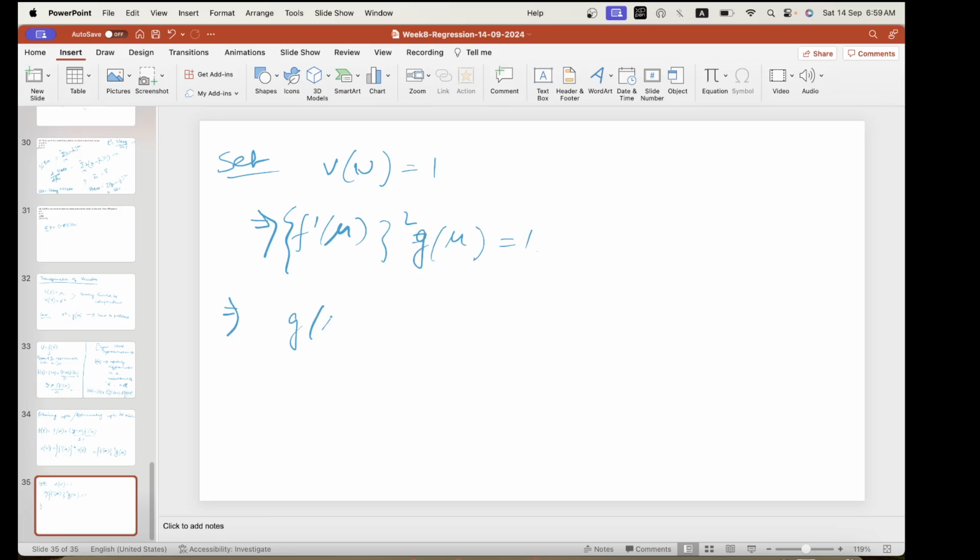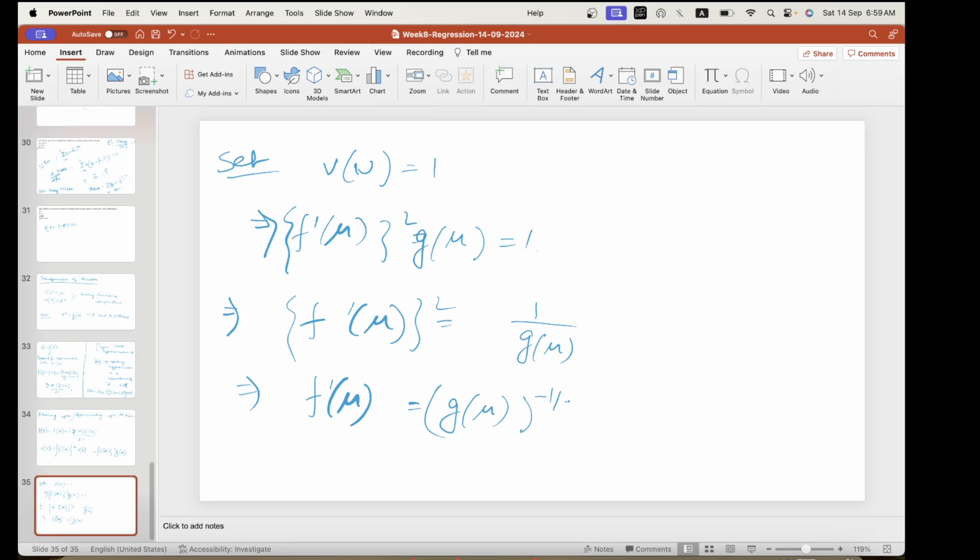So f prime mu whole square is 1 by g mu, and f prime mu is equal to g mu to the power minus half.